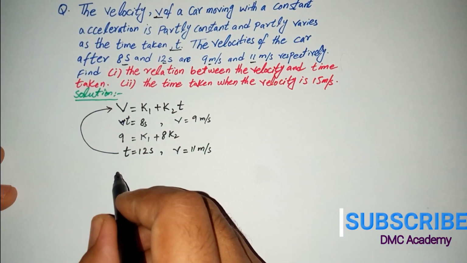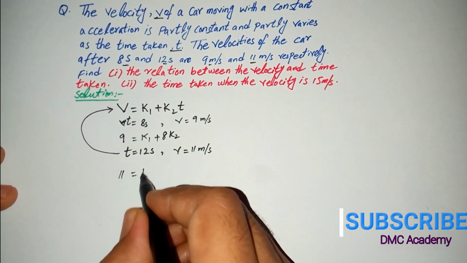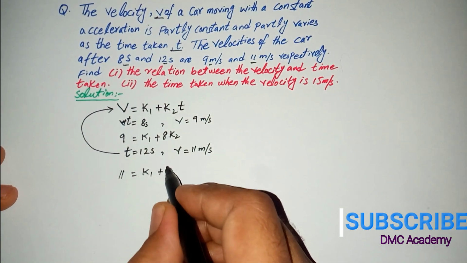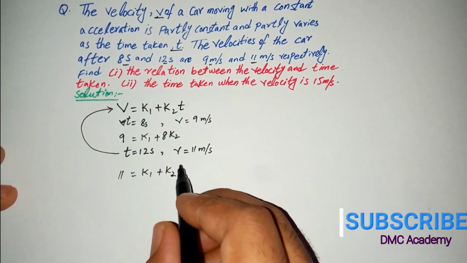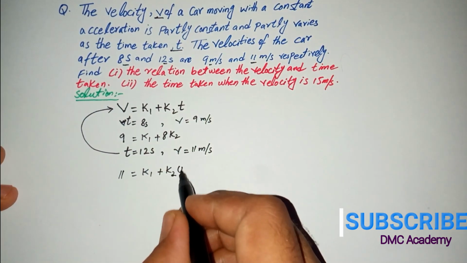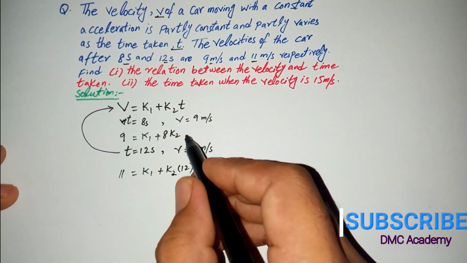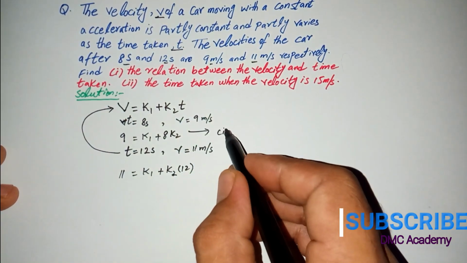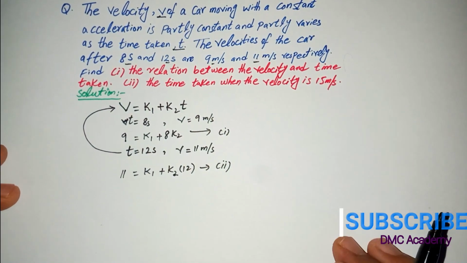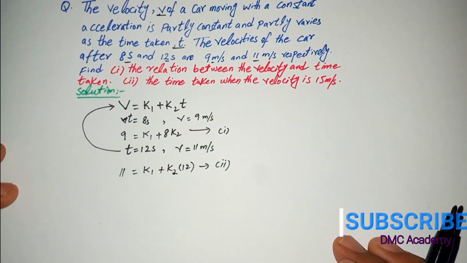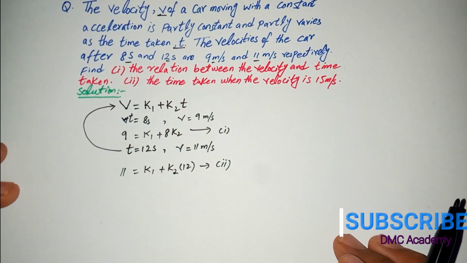So velocity will be 11 equals k1 plus k2 times 12. Now we have two equations in which we have to find the values of constants k1 and k2.